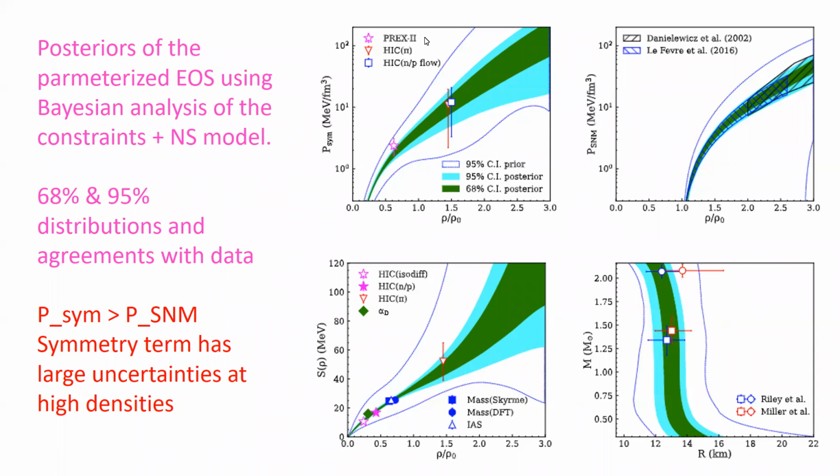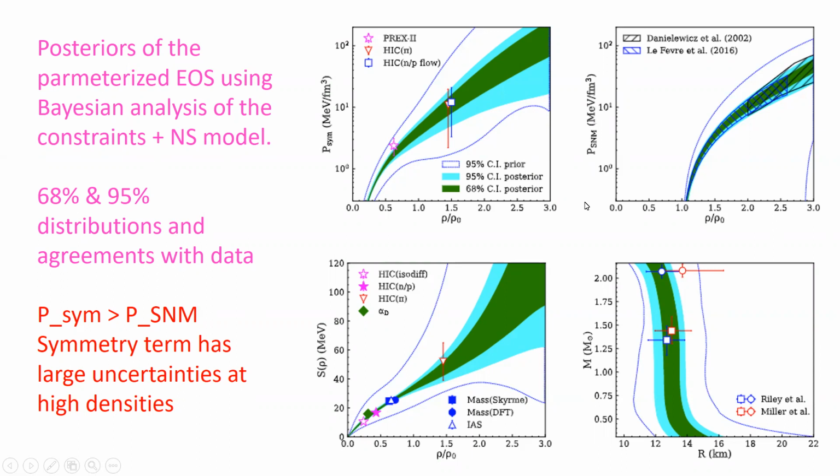The dark green contour is the 68%, the light blue one is the 95%, and the blue line is just the prior. So you can see that we obtain the density dependence of the symmetry pressure and the symmetry energy, as well as the M-R relation correlations, and also the pressure of symmetric matter versus density.